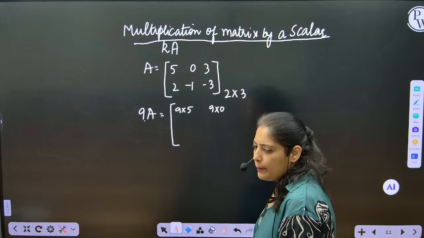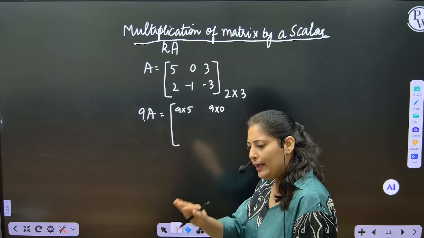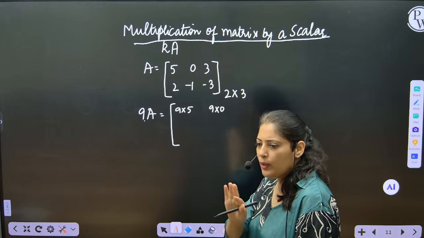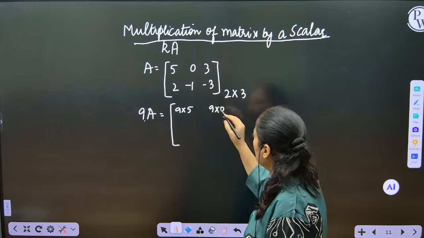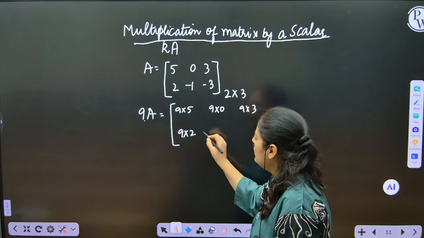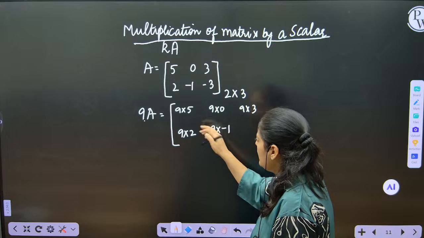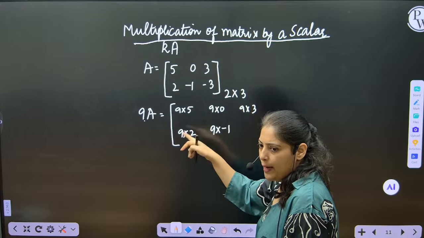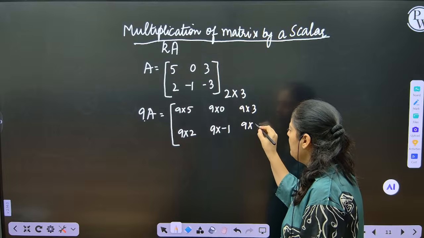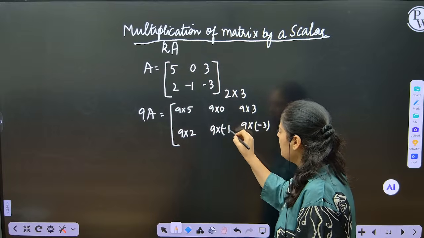But just to give you the idea and to clear the basics first, I am doing all the steps. 9 into 3, 9 into 2, 9 into minus 1, 9 into minus 3. These are all the elements and I am multiplying with a particular number, that is 9.